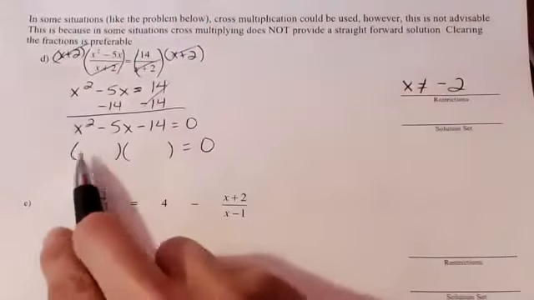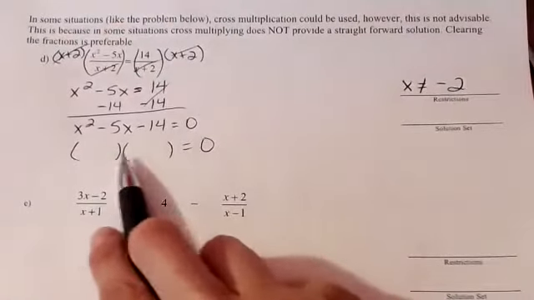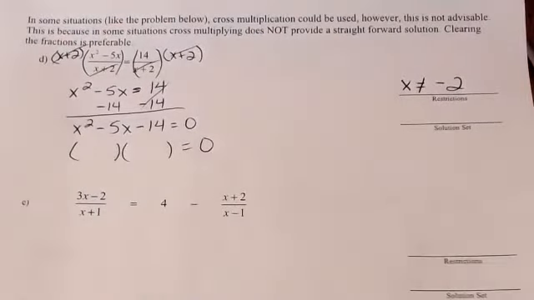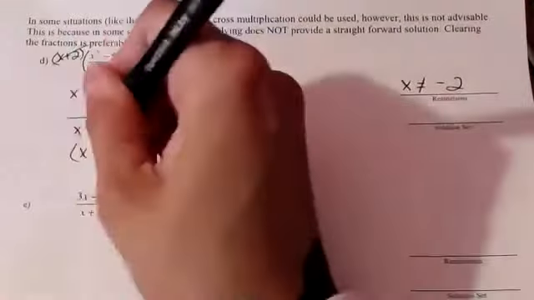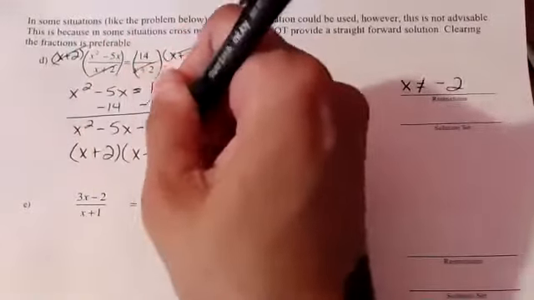Volunteer to tell me exactly what goes in these parentheses from left to right. What would you say? X plus 2 and x minus 7. Yes. X plus 2 and x minus 7. Excellent.